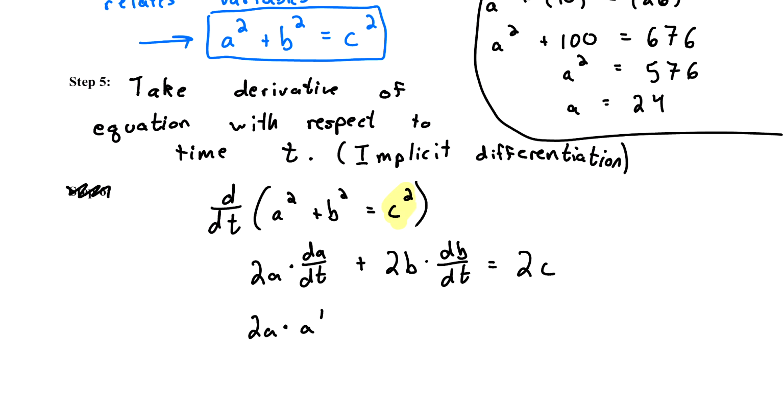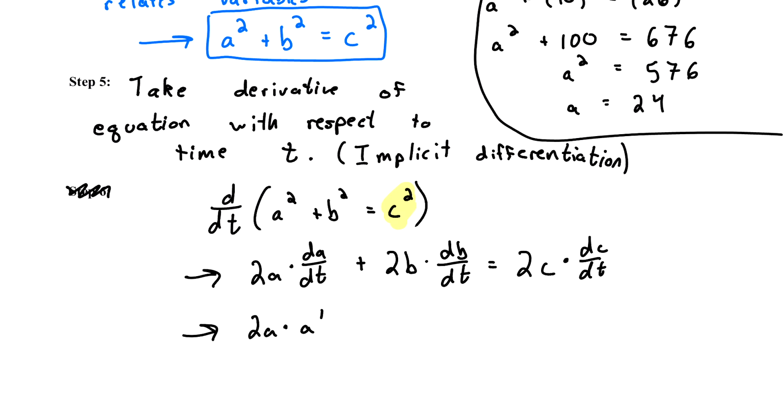C is a function of time, so that means I need to multiply by dc over dt.